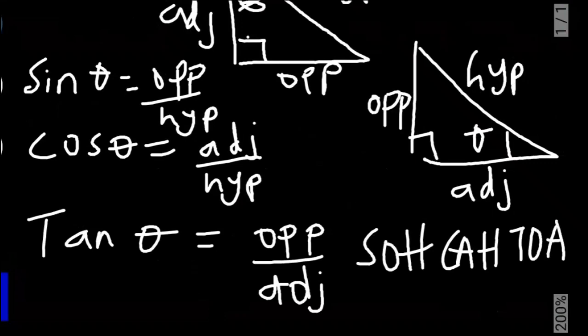For you to remember quickly, this can be a tip. SOH CAH TOA. Sine is opposite over hypotenuse, cos is adjacent over hypotenuse, tan theta is opposite over adjacent.